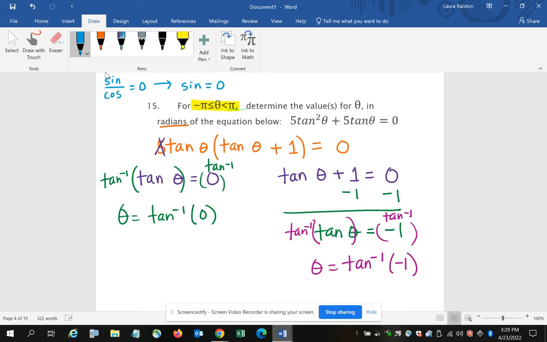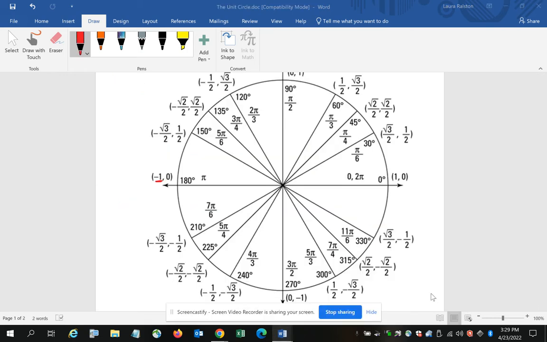So basically, when I go over here to look at the unit circle, I want to look at where my sine is 0. Okay, so my sine is 0 at 0 and at pi, which you get when you rotate positively. If you rotate negatively, you would get negative pi.